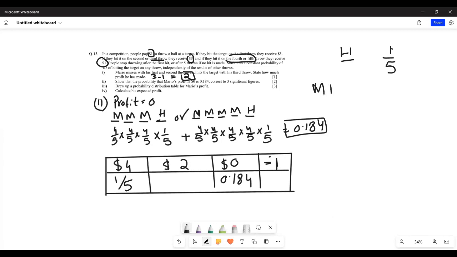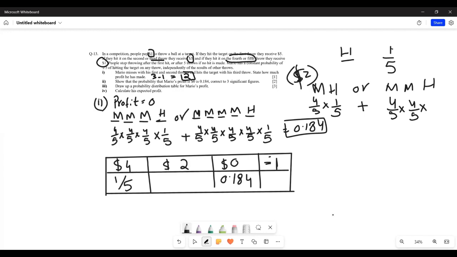So miss, hit, or miss, miss, hit for $2 profit. Miss is 4/5, hit is 1/5, plus miss 4/5 times 4/5 times hit, which is 1/5. This comes out to be 0.288.